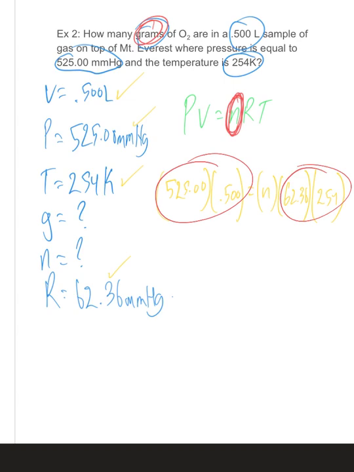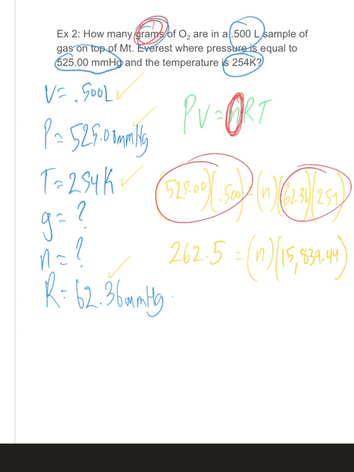And so on the left side of this equation, we're going to get 262.5 when we multiply 525 by 0.5, equals n times, when I multiply 62.36 times 254, we get 15,839.44. And I'm going to make sure I don't round until the very end.